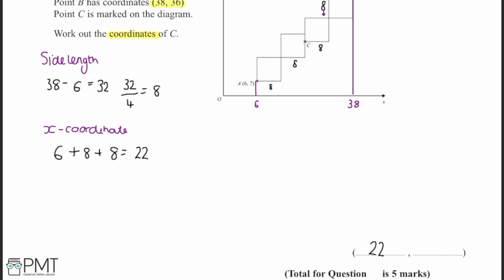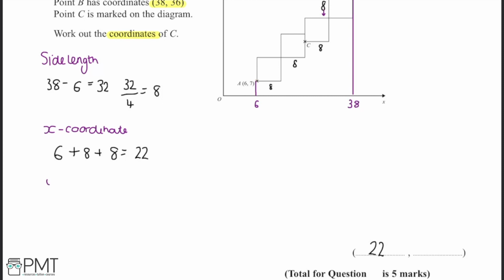Now similarly, for the y-coordinate of C, if I look at the diagram again, from point B this time, if I go down 2 complete squares, 2 complete side lengths, I'm going to get to the y-coordinate of point C. So I need to take the y-coordinate of point B and subtract 2 lots of 8, so 2 side lengths from that.